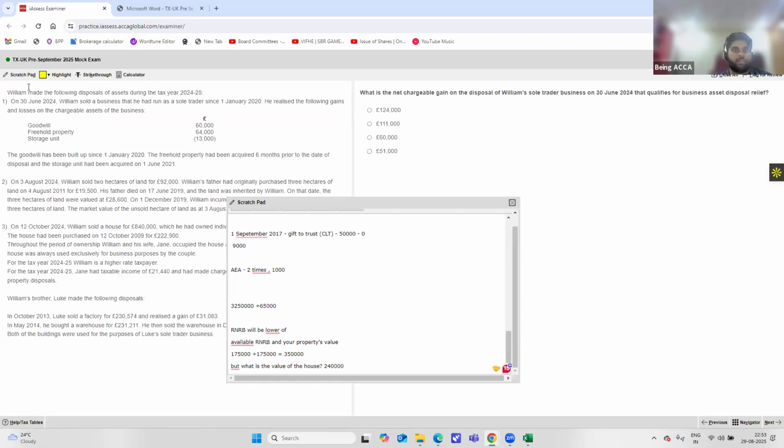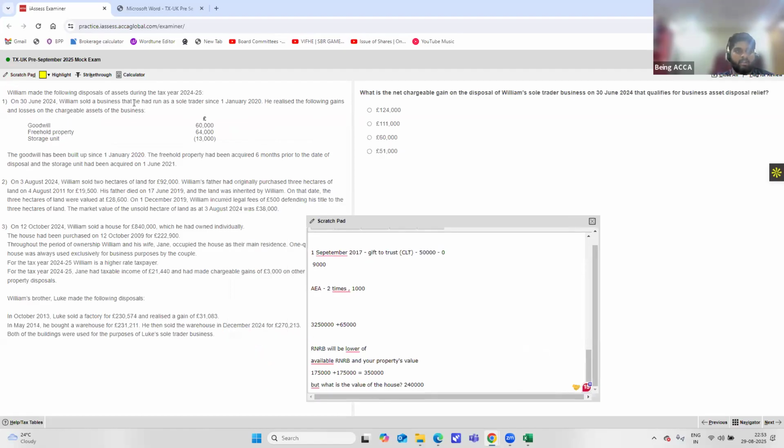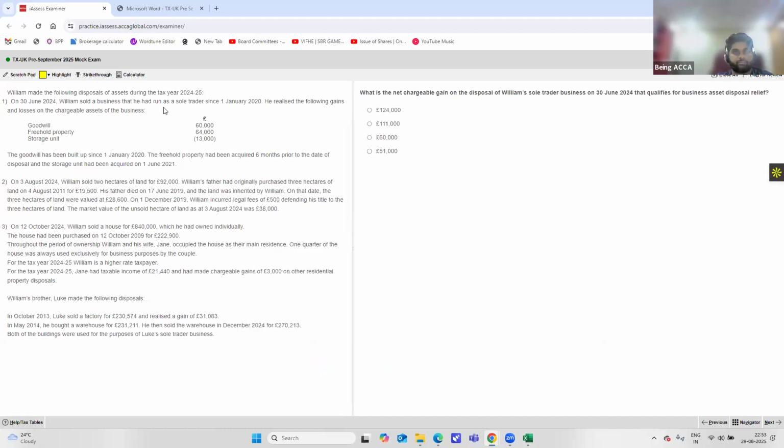Next, what is the net... Okay, so let's start with the question first. William made the following disposals of assets during the tax year 24-25. On 30th June 2024, William sold a business that he had run as a sole trader since 1st January 2020. He realized the following gains and losses on the chargeable assets and business.